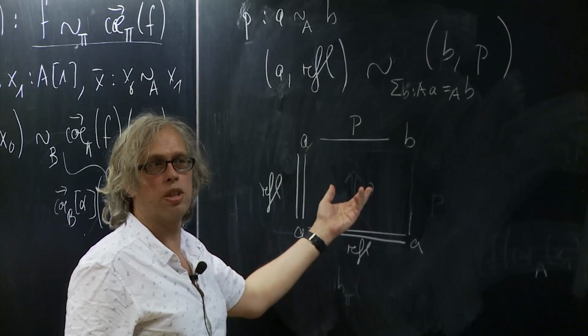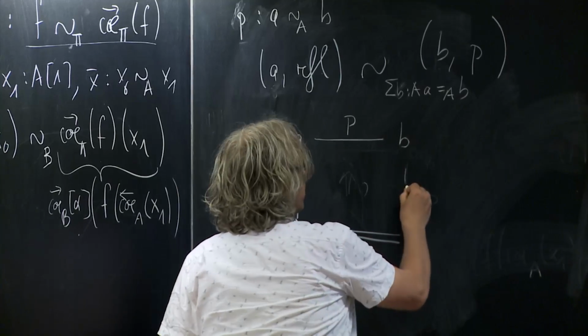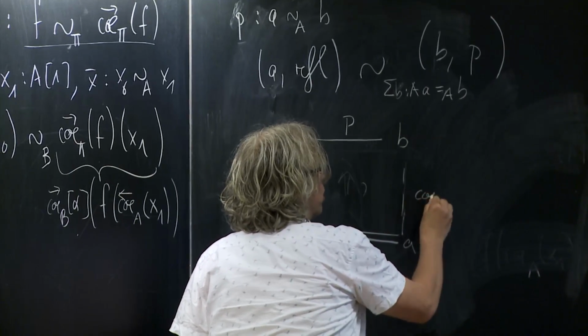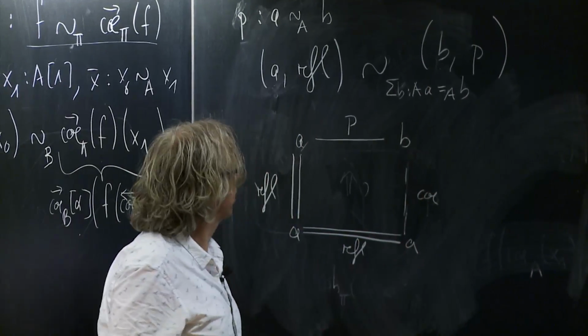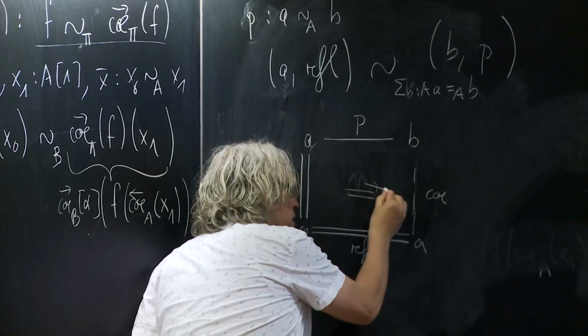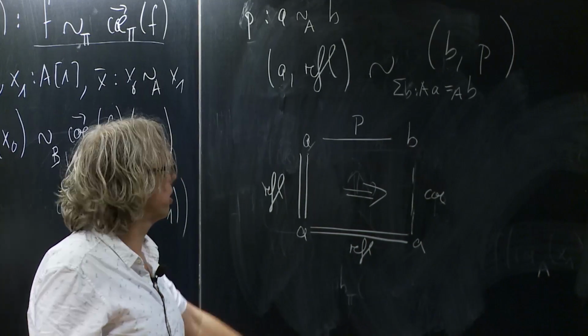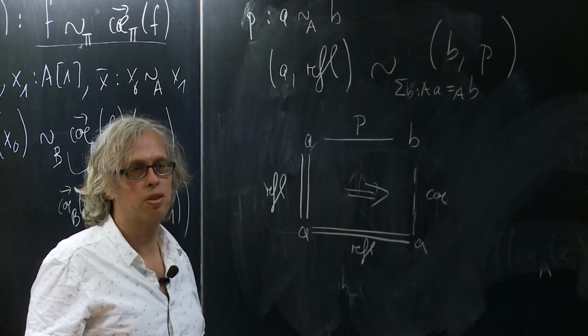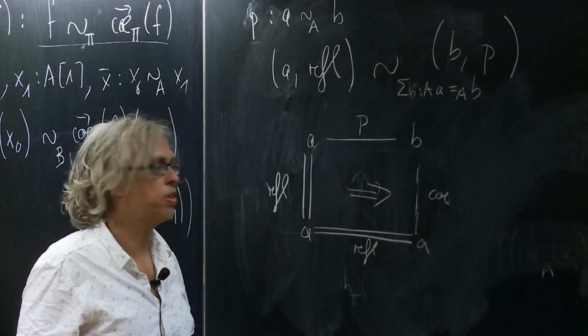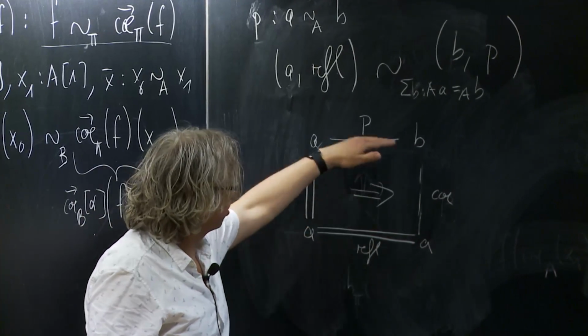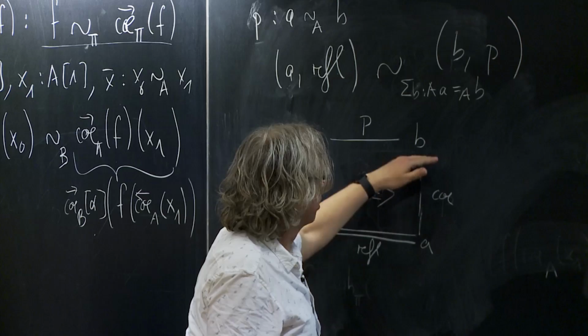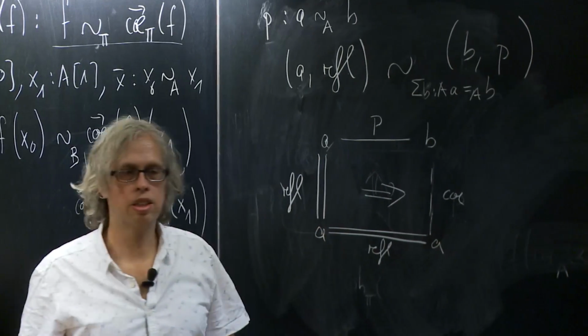So it's one of the cubes I can fill. So I fill this with the second coerce, and I get the filler for free that this cube commutes. So the trick here is not to be greedy, not to use the P which lies around in the context, but instead construct this open square and then fill it.